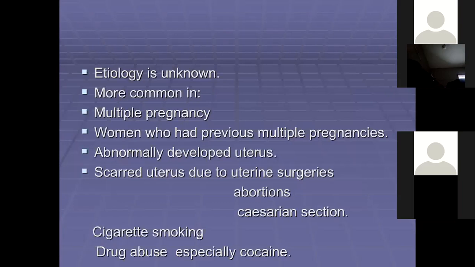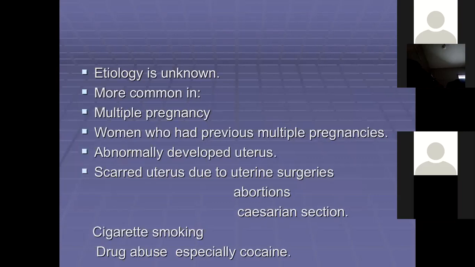Etiology of placenta previa is unknown, but it is more common in multiple pregnancy and in women who had previous multiple pregnancies or an abnormally developed uterus. If there are such factors, the patient may have placenta previa in the ongoing pregnancy.